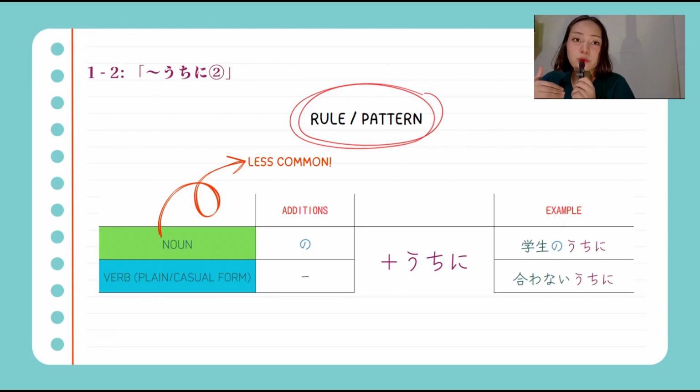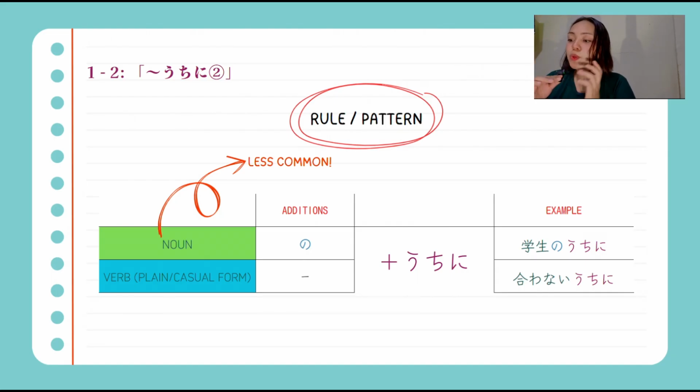The usage of this uchini that I'm going to discuss to you, minasan, ginagamit lang po siya sa dalawa. Ginagamit siya sa nouns at sa verb. Unlike doon sa unang uchini that we have discussed na ginagamit sa nouns, verbs, i-adjectives, and na-adjectives. This time, dalawa lang siya. Nouns and verbs.